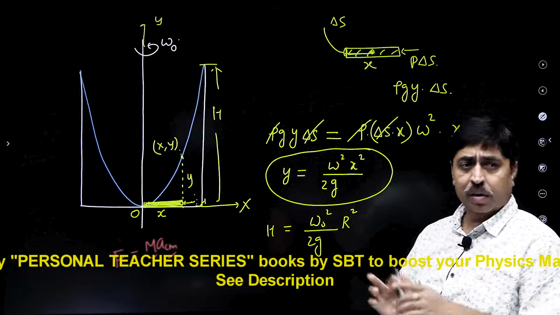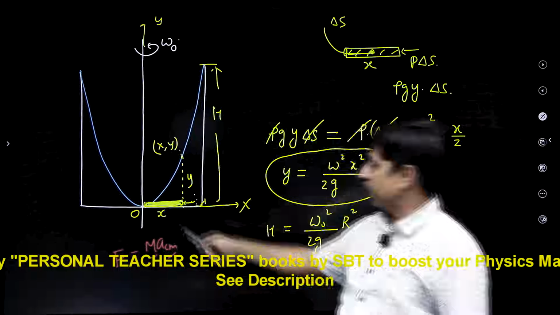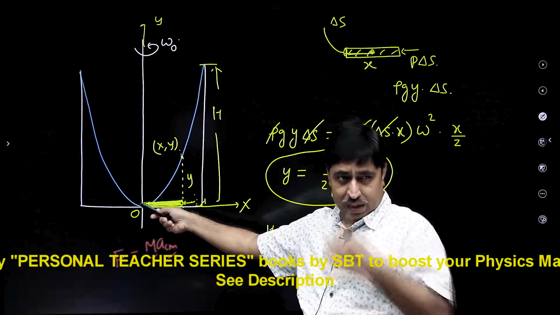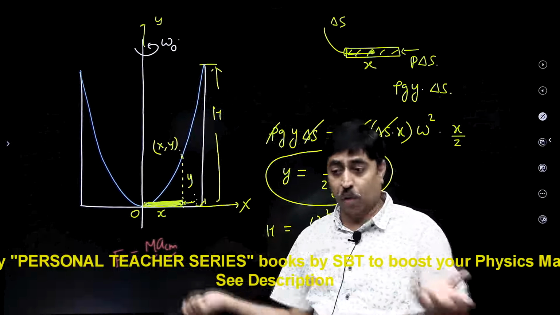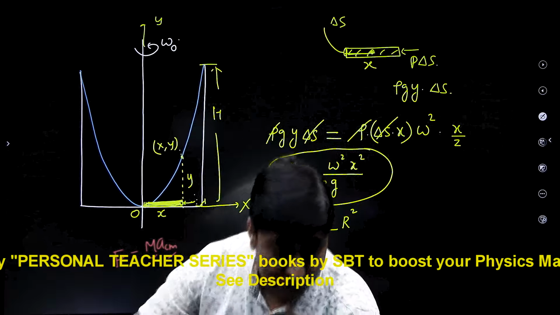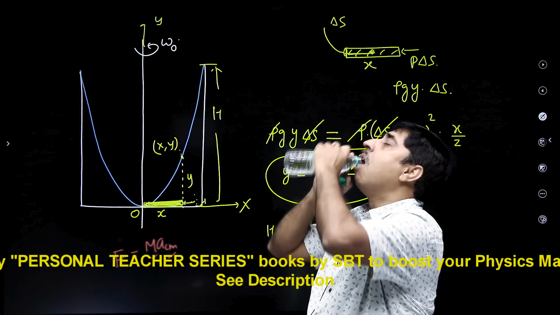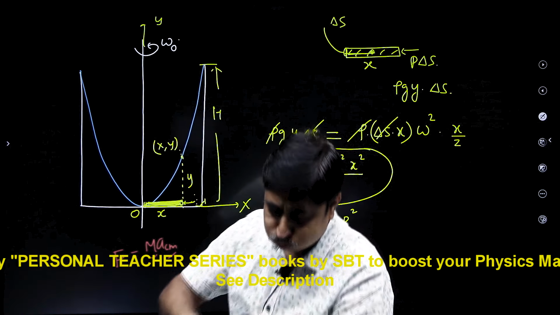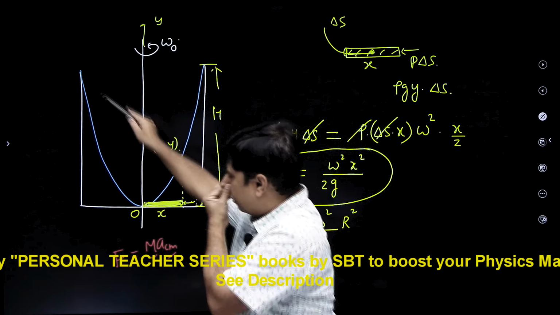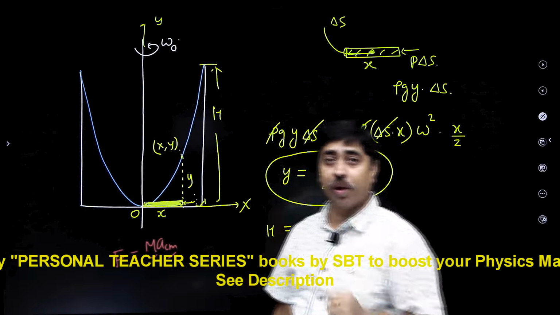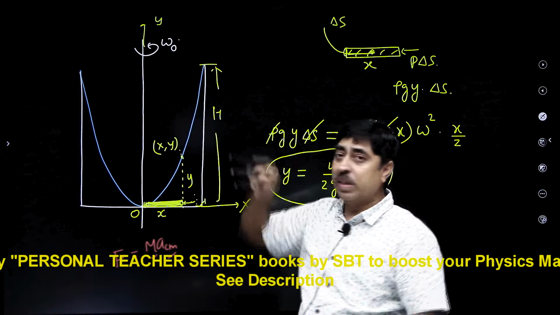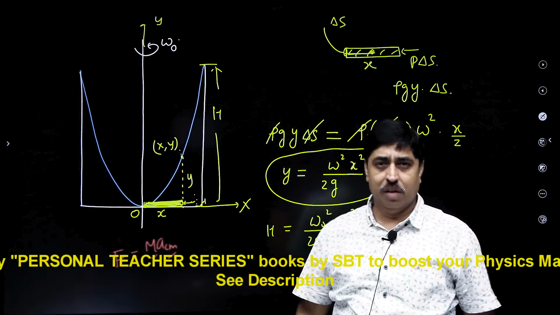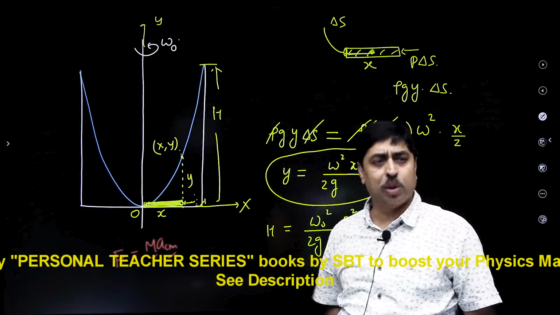Question says that when omega is equal to omega naught, this gets exposed. So, this gets exposed means some liquid has been thrown out. If some liquid has been thrown out, then the liquid surface will become like this only. The liquid is at the brim of the container. If you increase the omega, more liquid will be thrown out.